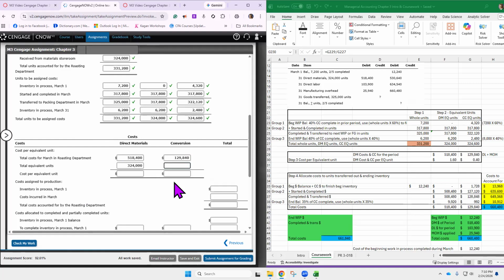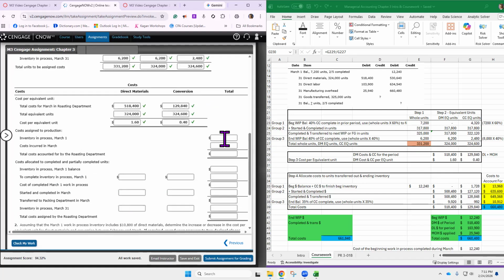And then we're going to do the math: 324,600. So what this is going to be is this total divided by that number. You should get $1.60 if I'm doing it right, and 40 cents per unit. So what we just found is that direct materials is $1.60 per unit, and conversion costs are 40 cents a unit.